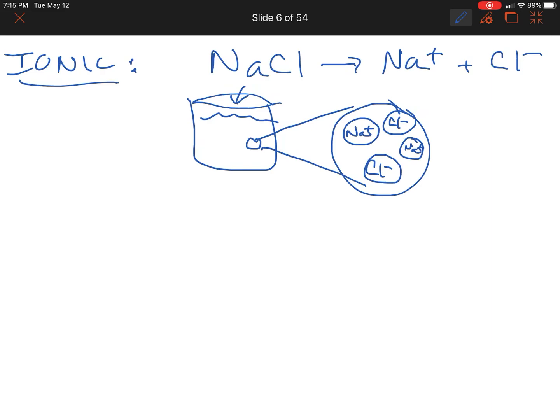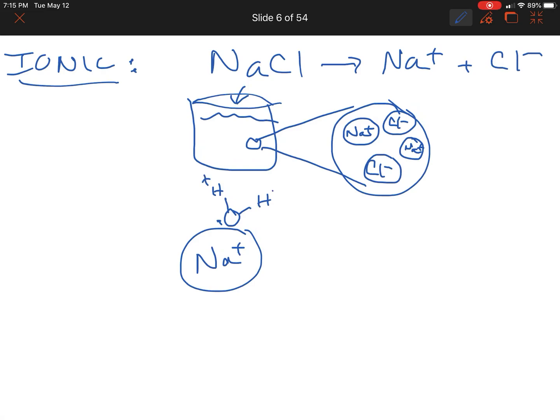So when that happens, the water molecules are going to surround those ions, and that's why it dissolved. It sort of goes into the water, or it dissolves into the water. So how that would look, if we have sodium, for example, it's got a positive charge, so water is going to line up around it, but it's going to line up so that the oxygen is close, because what do we know about the polarity of water?